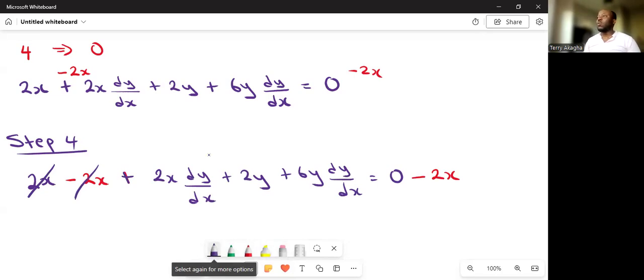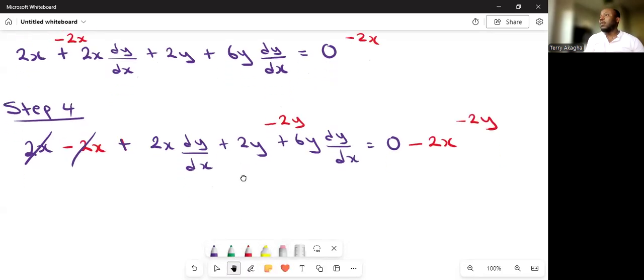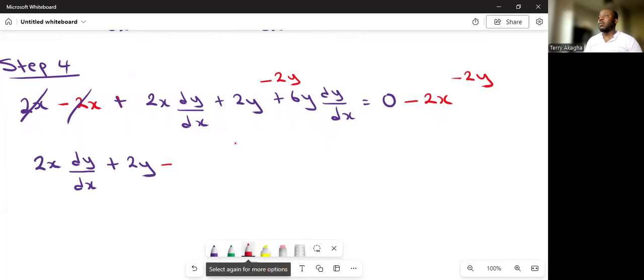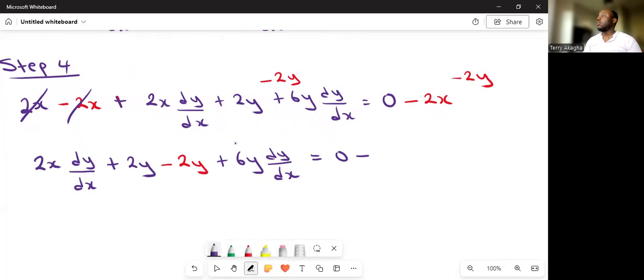Now, also to remove this 2y, we're going to subtract 2y from both sides, okay? So we're going to subtract 2y from both sides, and this is going to give us the same thing. We'll have 2x dy over dx plus 2y minus 2y plus 6y dy over dx will be equal to 0 minus 2x, then minus what? 2y.